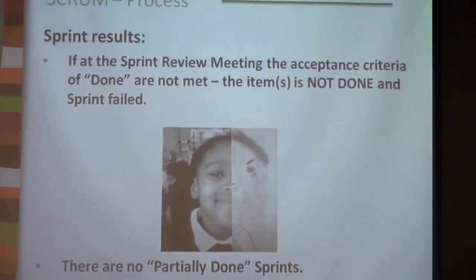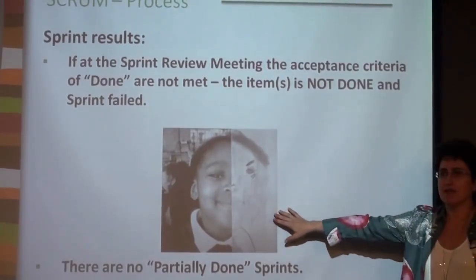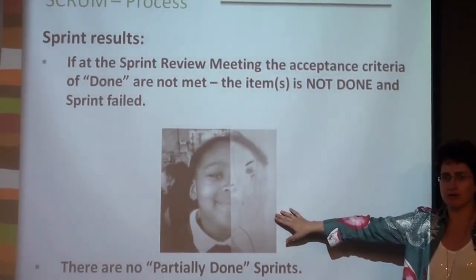And again, sprint results. If at the end of your sprint you have a demo and you analyze the results of your sprint and your criteria of done is not met, it is not done. There are no half-done results, right? This is not the picture of how it should look on your website.